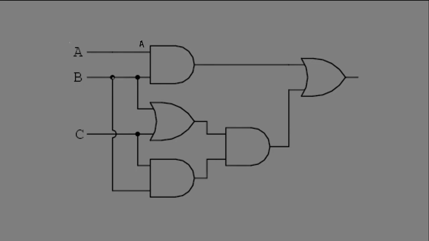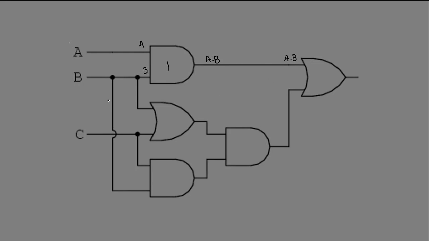Although there are two dots, that means another wire is connected which gives the signal B as it is to this AND gate. So A and B are the inputs of this AND gate, and the output of the AND gate will obviously be A dot B. So here the first input of this OR gate is A dot B.